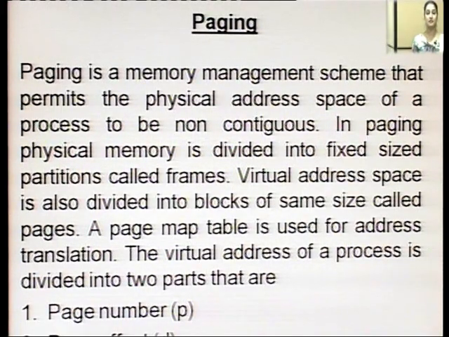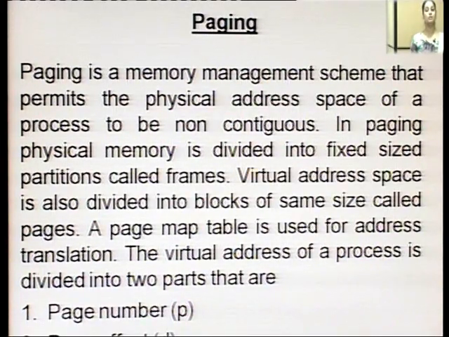In paging, physical memory is divided into fixed-size partitions called frames. Virtual address spaces are divided into blocks of the same size called pages. We divide the virtual addresses into pages and the physical memory into fixed-size frames.